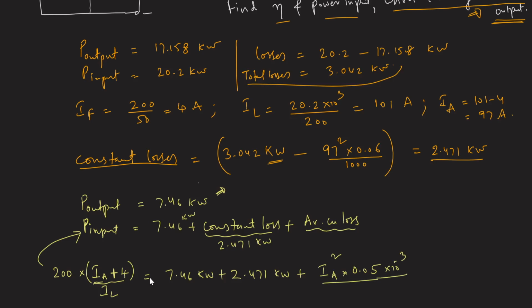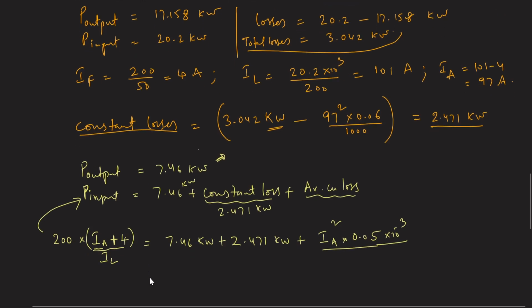Okay, now can you please solve this expression and find out the Ia value. Now this is a quadratic equation. You have to solve this quadratic equation for Ia, in the form of some constant into Ia squared, plus some constant into Ia, plus some constant equals 0. From that you determine the value of Ia. Two values you will be getting. Please do that and tell me.